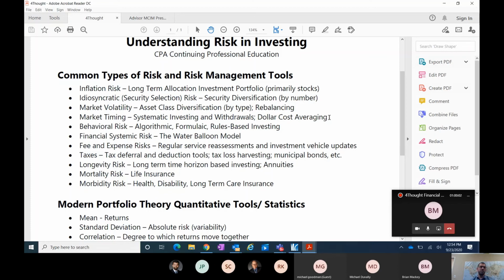Not only that, you're fighting inflation, but you're also fighting the withdrawal rate on your portfolio. Your withdrawal rate is going to rise as you get older, not just because of required minimum distributions, but also because your portfolio value is likely to decline if you don't have an appropriately allocated portfolio.